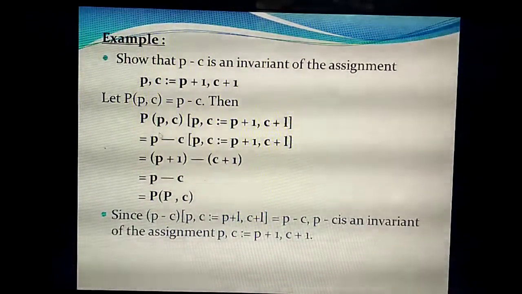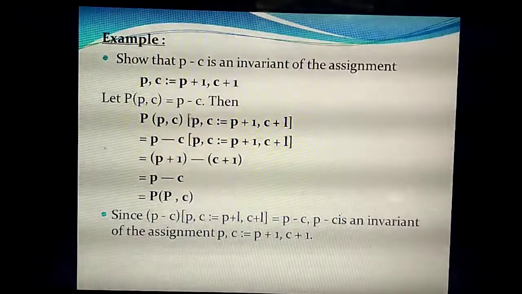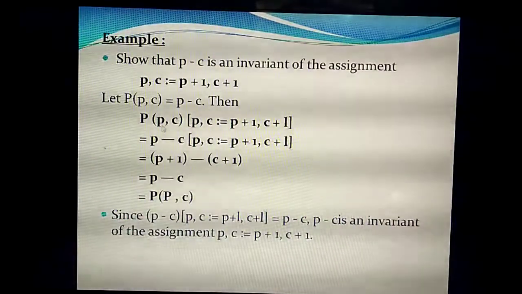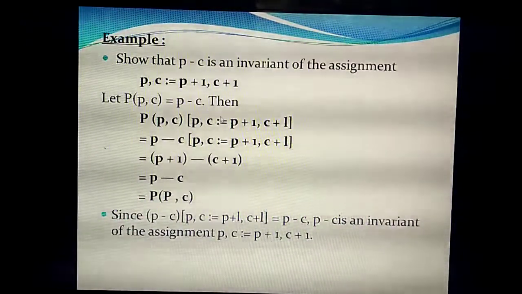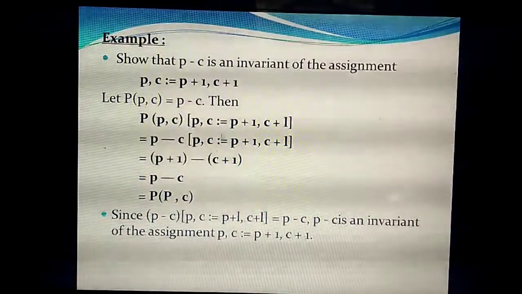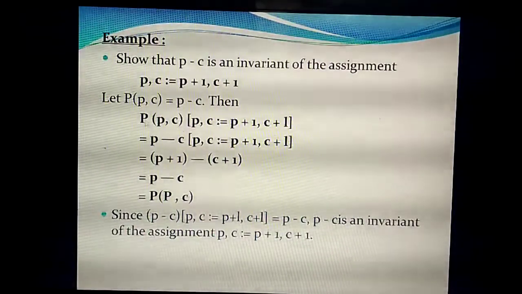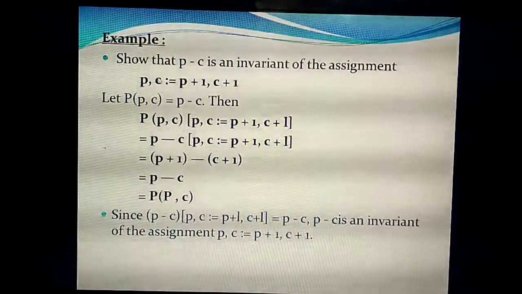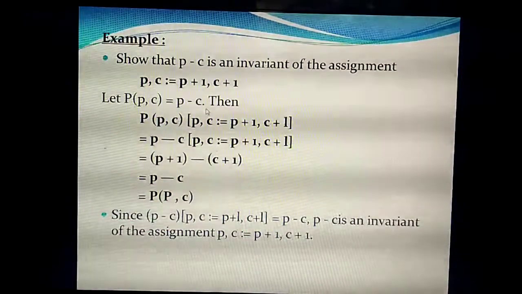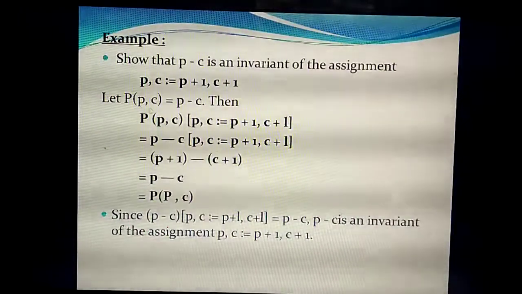Inside the bracket, this value you are taking is P comma C. Please listen carefully. We are taking the probability, P of P comma C. We are only taking the left hand side, but you are going to prove that it equals the right hand side.